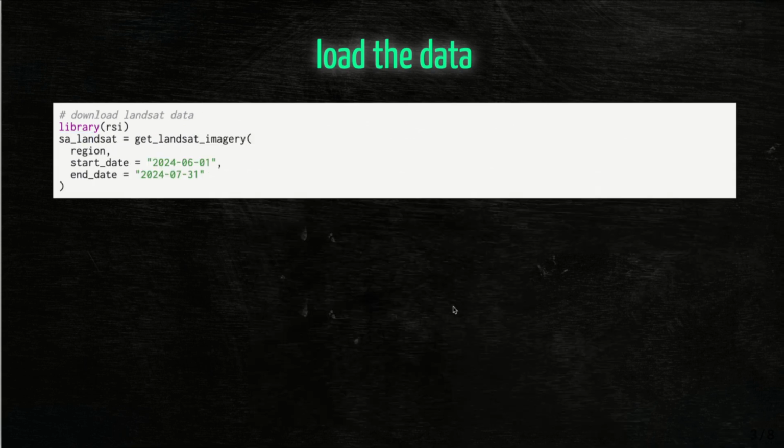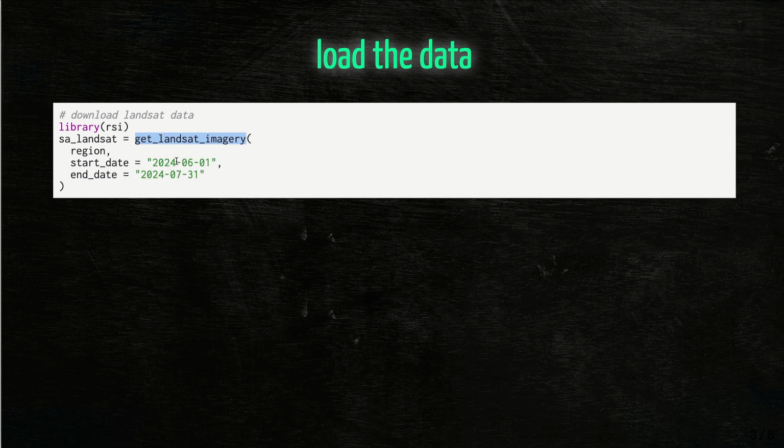Next, which is the most interesting step, is to use the RSI package. The RSI package gives us access to many functions to access different satellite data. Here I chose to get Landsat imagery. I chose to keep it simple here, only specifying the region and a start date and an end date.